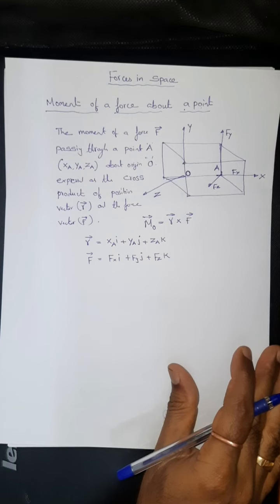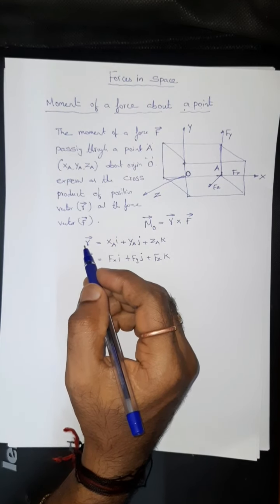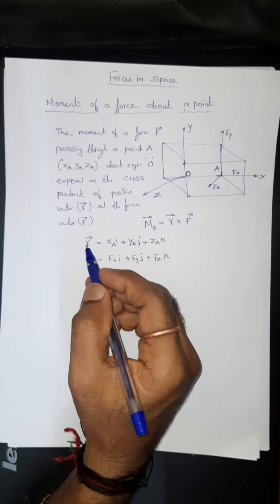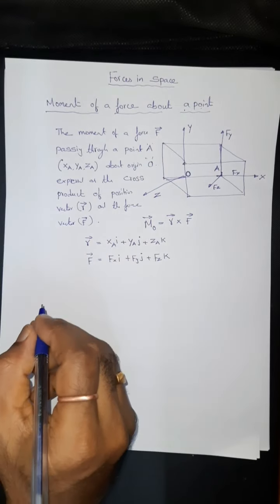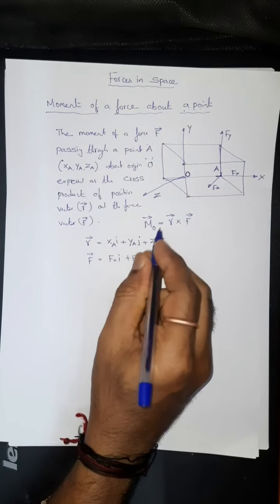Here F vector is the force and r is the position vector of any point on the line of action with respect to the origin. Let me substitute these values here.